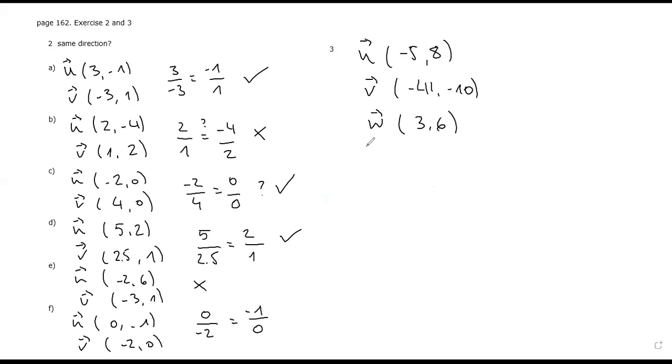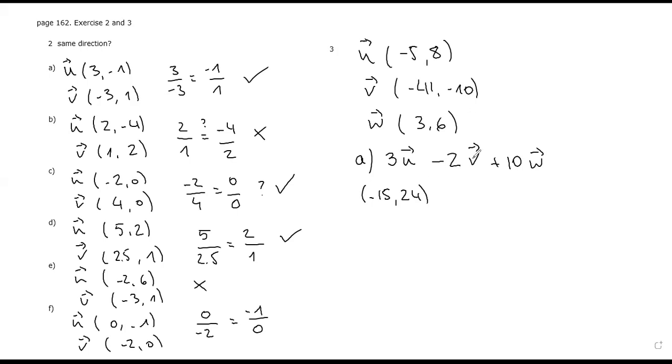In the first part, A, I'm asked to write the vector that is the result of calculating 3 times u minus 2 times v plus 10 times w.